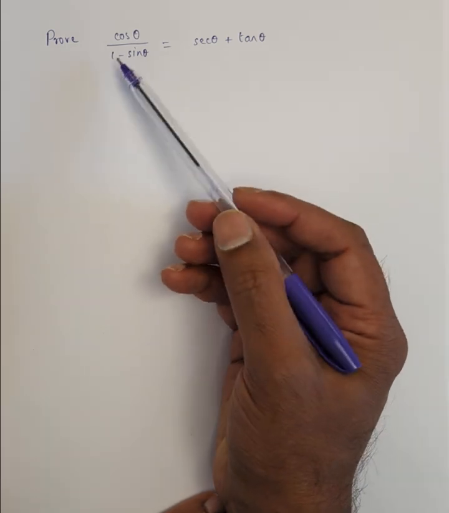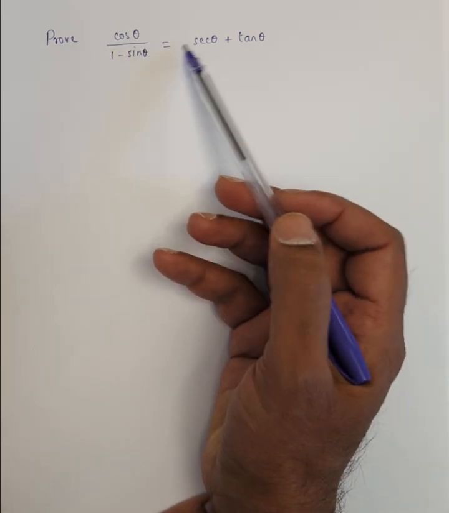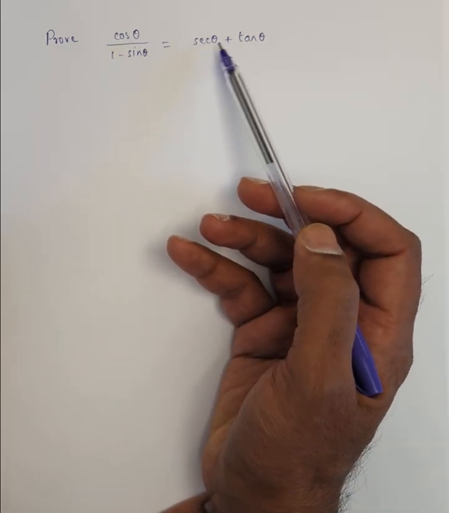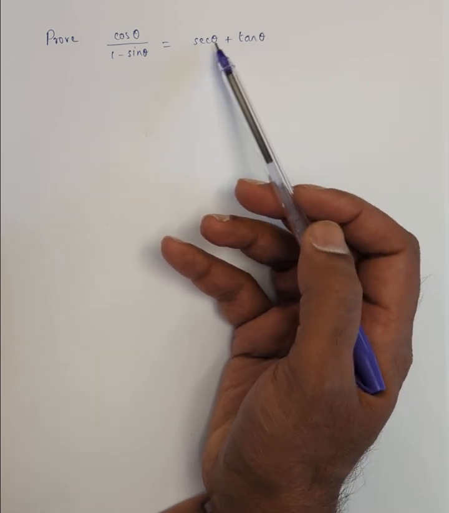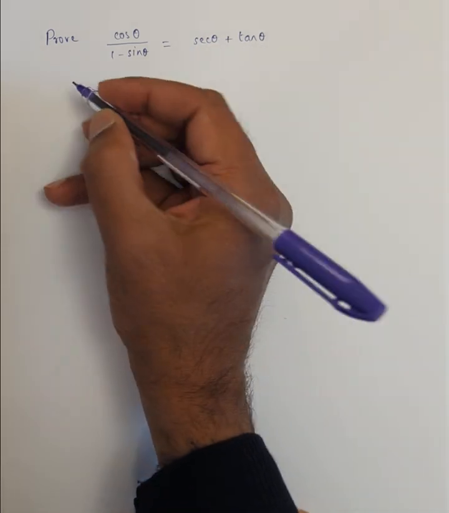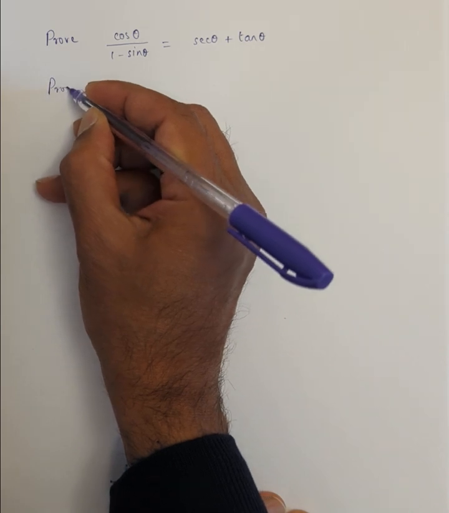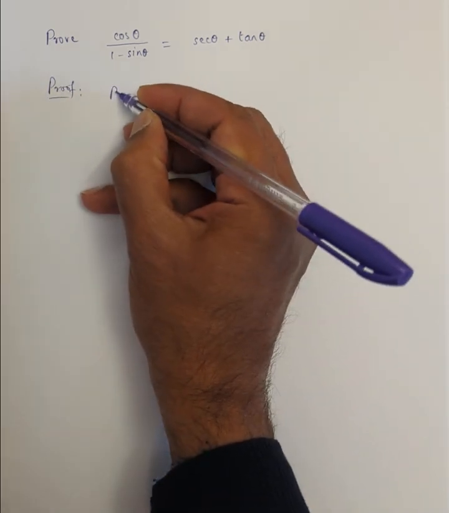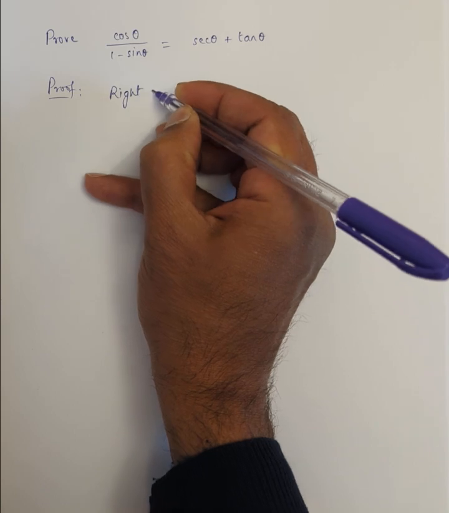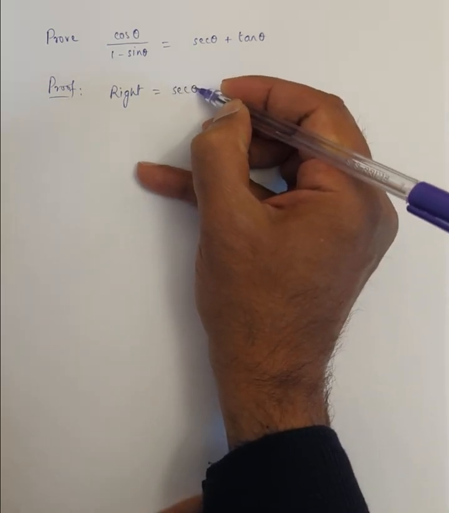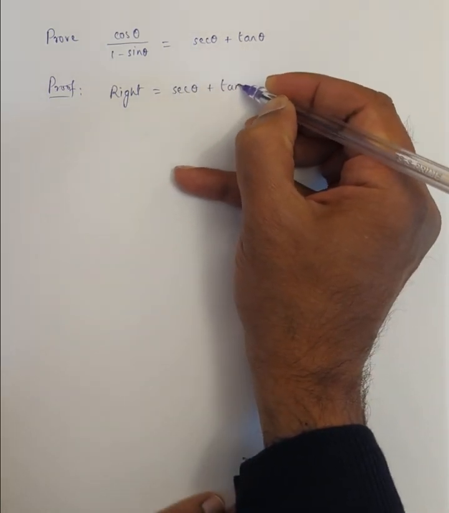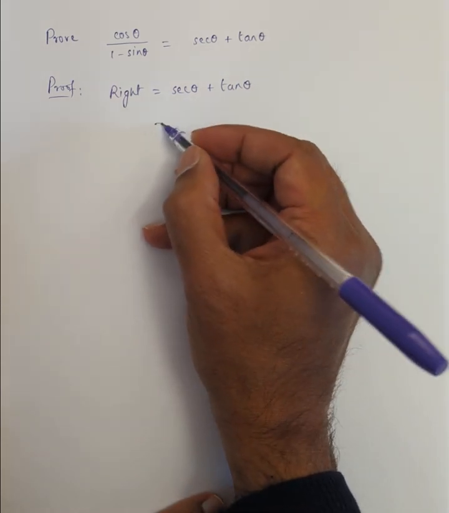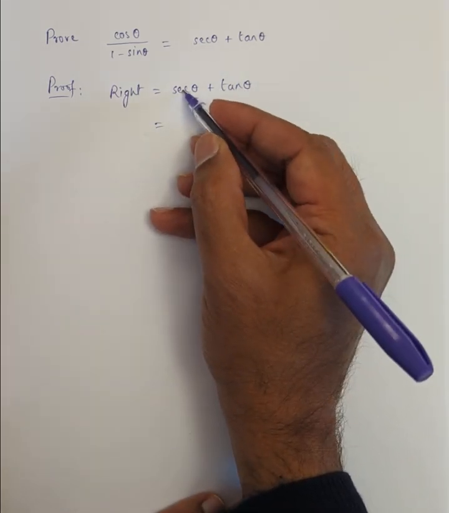So if I have to prove this is equal to secant theta plus tan theta, notice the right side I can manipulate. So let me start the proof by rewriting the right side. The right side of the equation is secant theta plus tan theta, and I would like to convert both of them to sines and cosines.